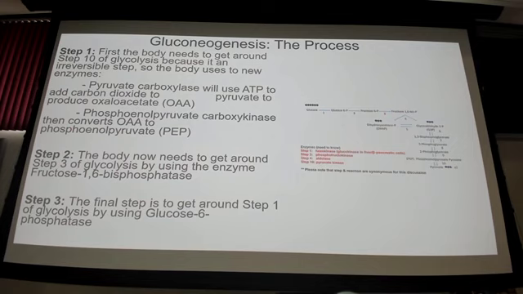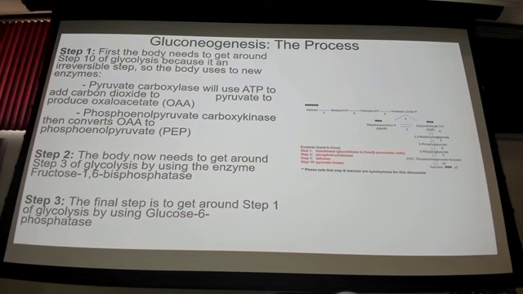The first step of gluconeogenesis circumvents step 10 of glycolysis, through the enzymes pyruvate carboxylase and phosphoenolpyruvate carboxykinase. Pyruvate will be converted to oxaloacetate. Remember that name, we're going to see it again in a future lecture, and I'm going to ask you where you saw it.